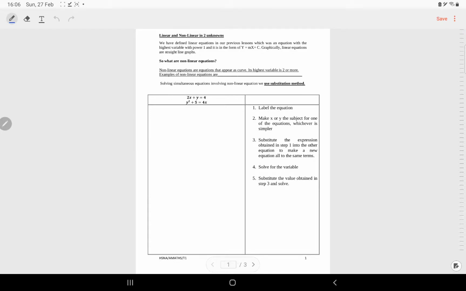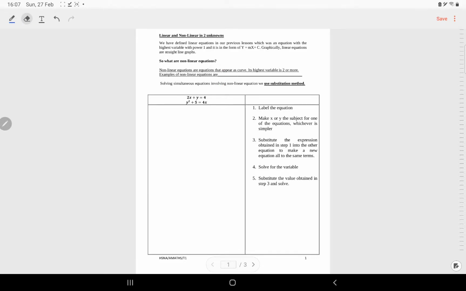So examples of non-linear equations, you should know at least one by now. We have been talking about this equation from the start of our lesson, which is the quadratic equation.